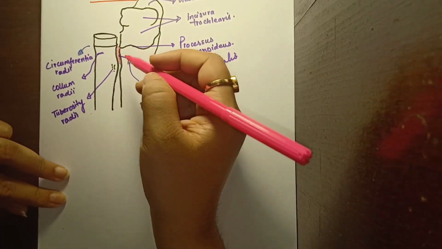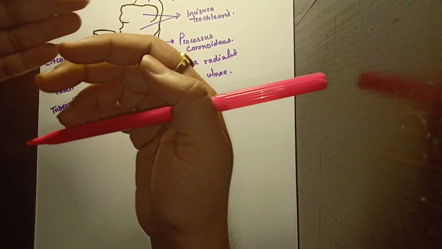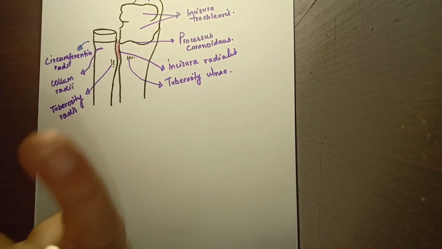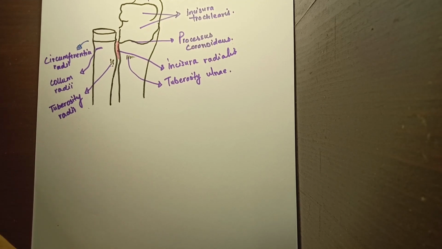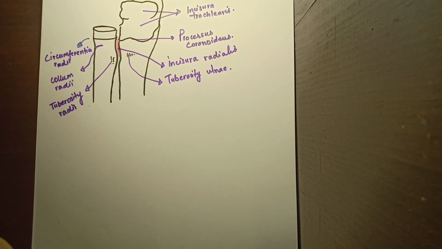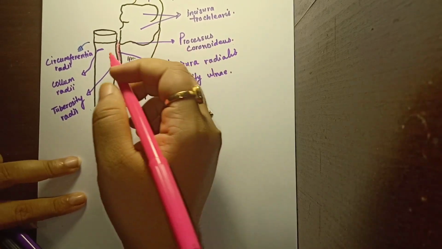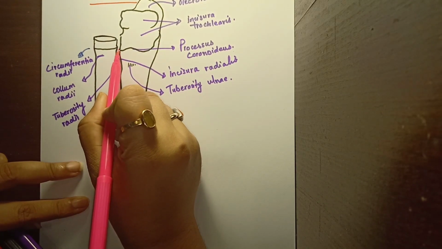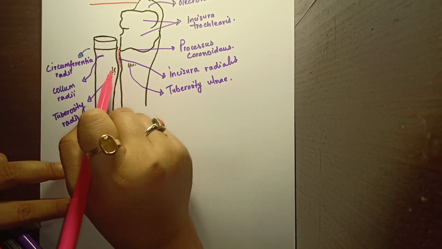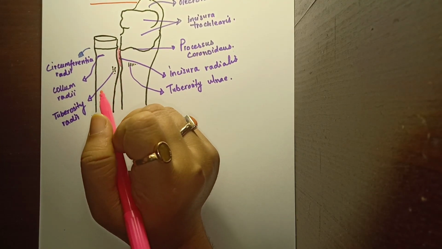So the radius and ulna will join like, just imagine that we have a lock and a key. The lock fits at the area where the key will fit, where the lock space will be, right? So same here, we have the incisura where the tuberosity of the radius will be joined.